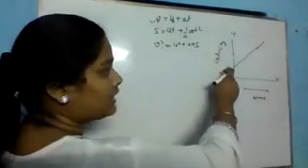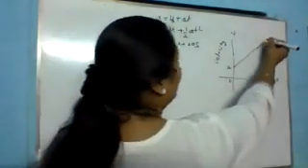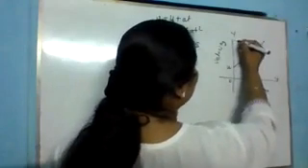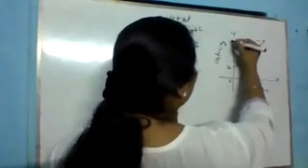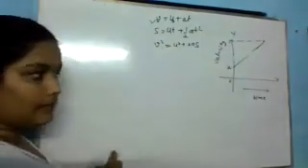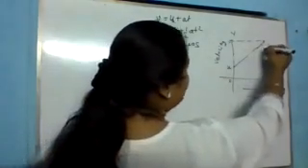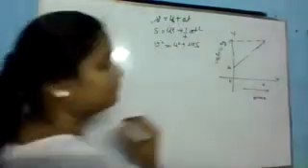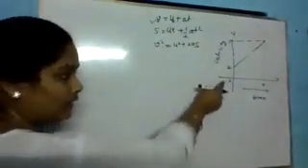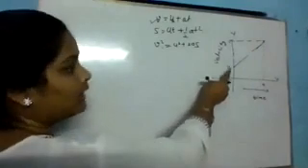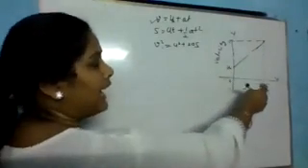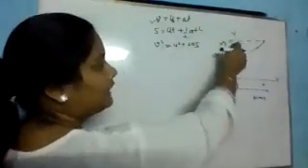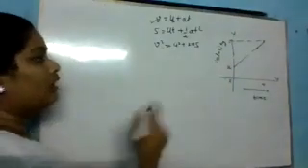So initial velocity is u, and here the final velocity of the particle is v. This final velocity is achieved by the particle after time t. At time t equals 0, the velocity is u, and at time t equals t, the final velocity is v.